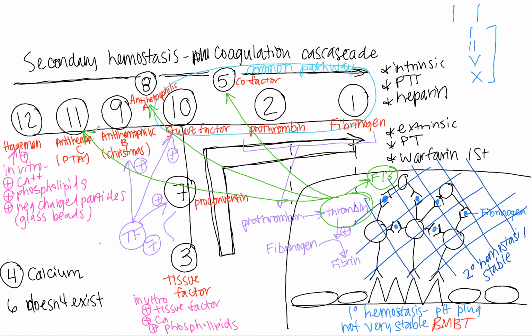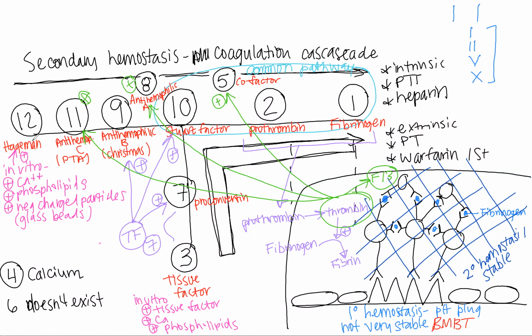So this is kind of the propagation phase where we've created a clot, and now the presence of that clot has feedback on other parts of the coagulation cascade, a positive feedback. So you can see while the tissue factor 7 complex really starts the coagulation cascade at 9, we get feedback to 11. But nothing in the body really uses 12, so that's why 12 is not really needed.